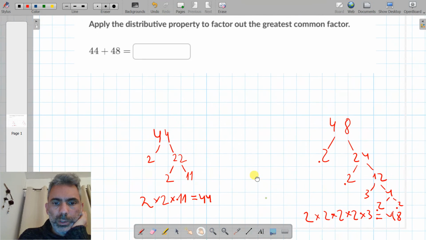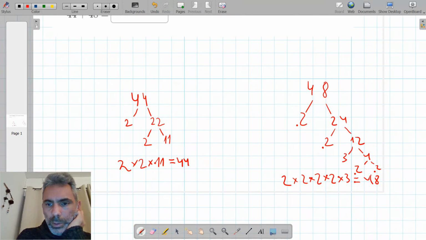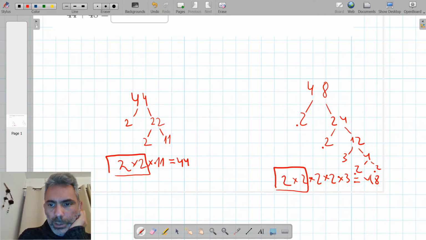Okay. So for the greatest common factor, we have 2 times 2 here, and we have 2 times 2 here, and the rest has nothing in common. We have 2 times 2 times 3 here and 11 here, so there's nothing in common there. So here we have 4, and here we have 4. 44 divided by 4 is 11. 48 divided by 4 is 12.